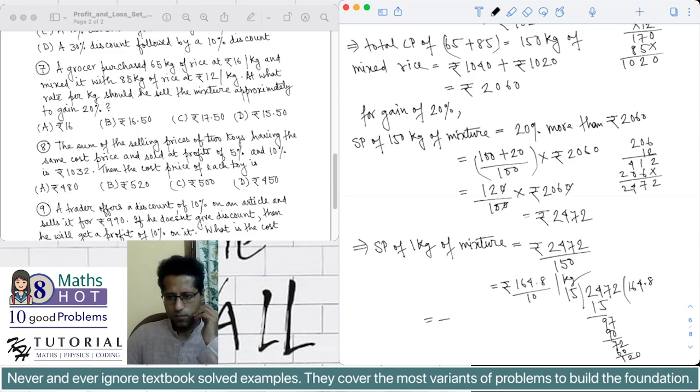This is equal to rupees 16.48 per kg. We have to find the approximate rate.